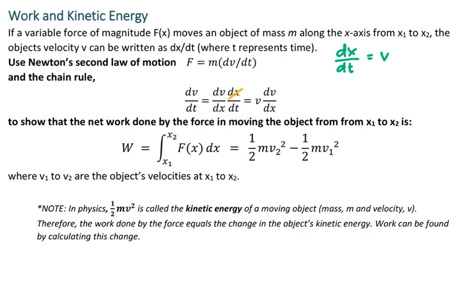And so you see that this is balanced the way I've written it, because when the dx's cancel, we still have just dv over dt. So what we know, though, is that dx/dt equals v. So we can represent dv/dt as v times dv over dx.